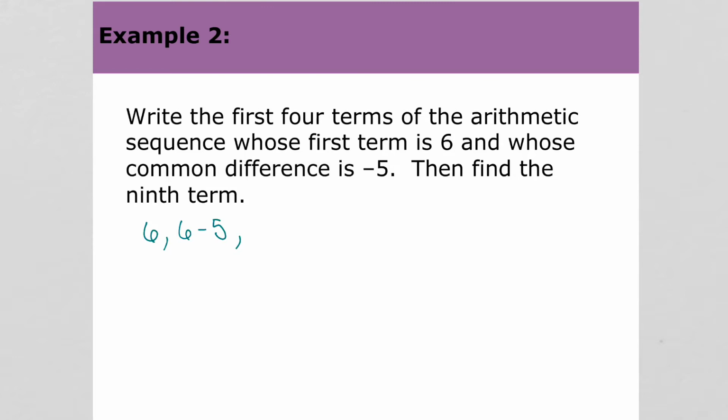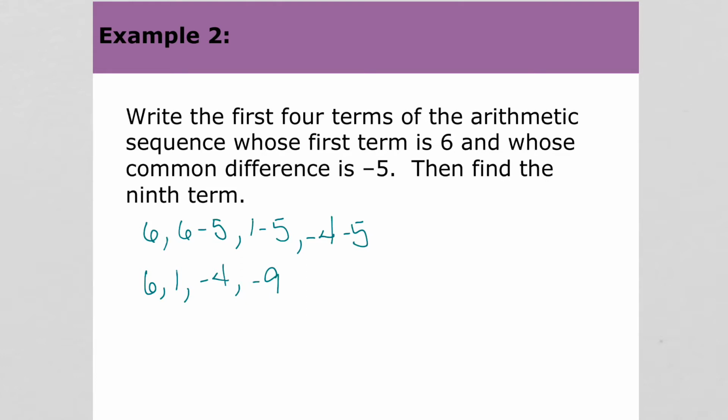The third term would be whatever 6 minus 5 is, so let's go ahead and find that out. It's 1. So it'll be 1 minus 5, which is -4. And then the fourth term will be -4 minus 5, which is -9. So those are the first 4 terms: 6, 1, -4, -9.